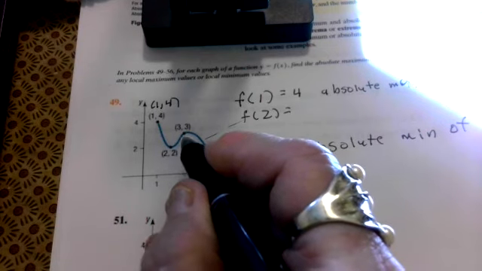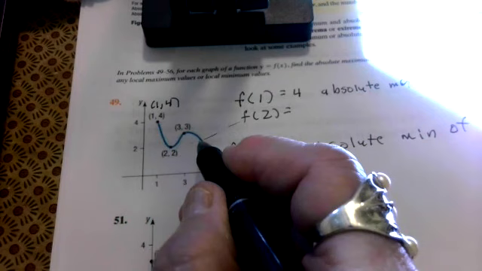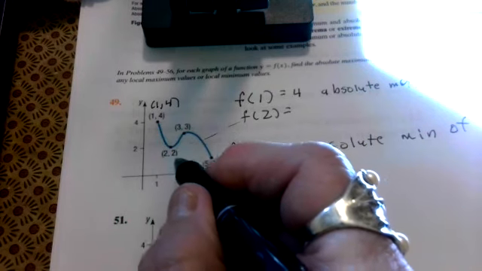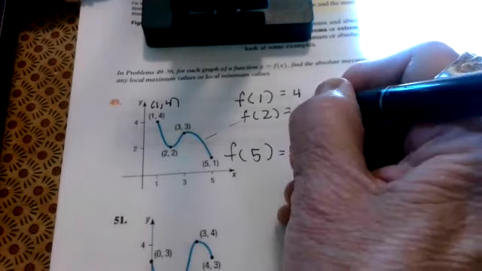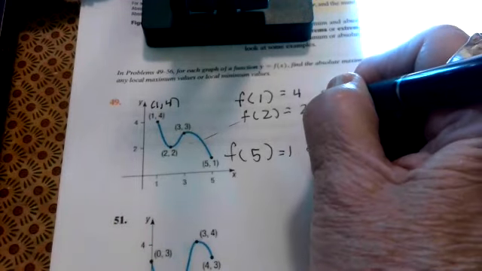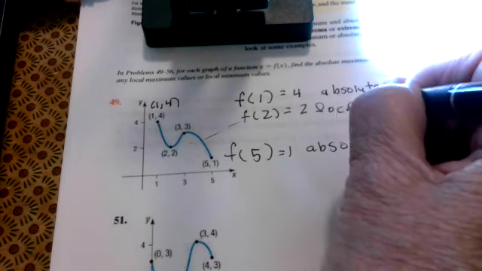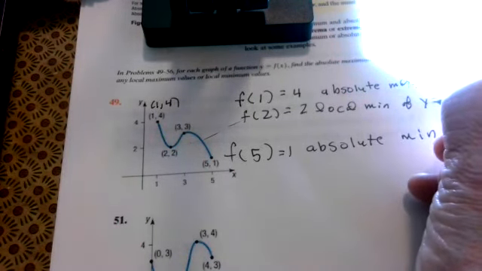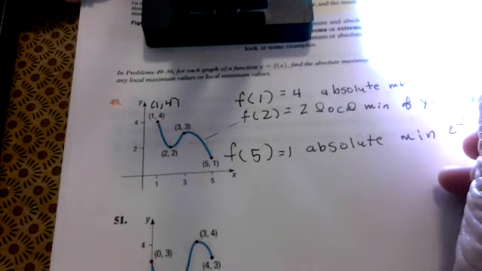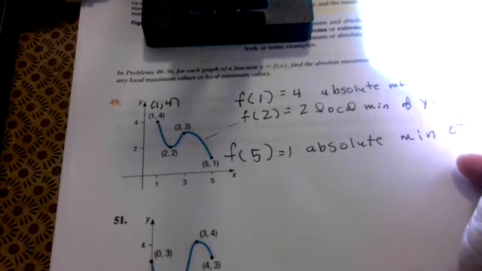If the y values were lower, it would be a local max. So we see at f of 2, there's a local min of y equal 2 at x equal 2.